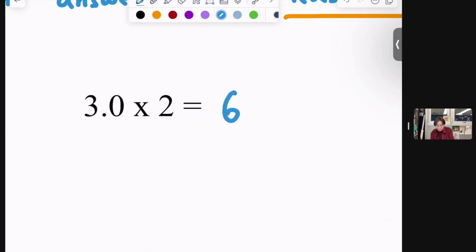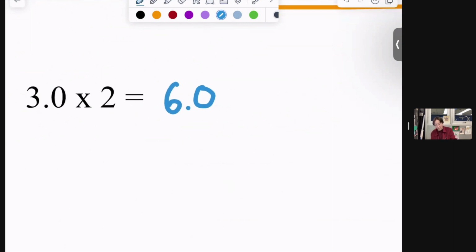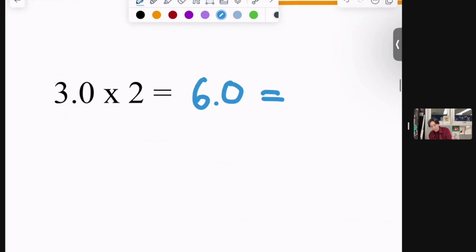You should get 6.0, right? If you're doing a more complex problem, look at what's on your calculator, think about all those digits it says on your calculator, how many are we actually going to write down?